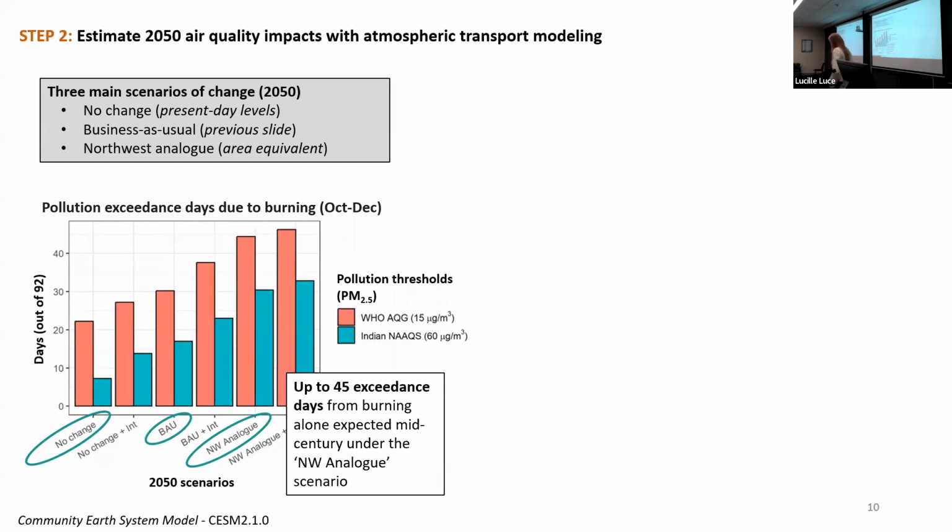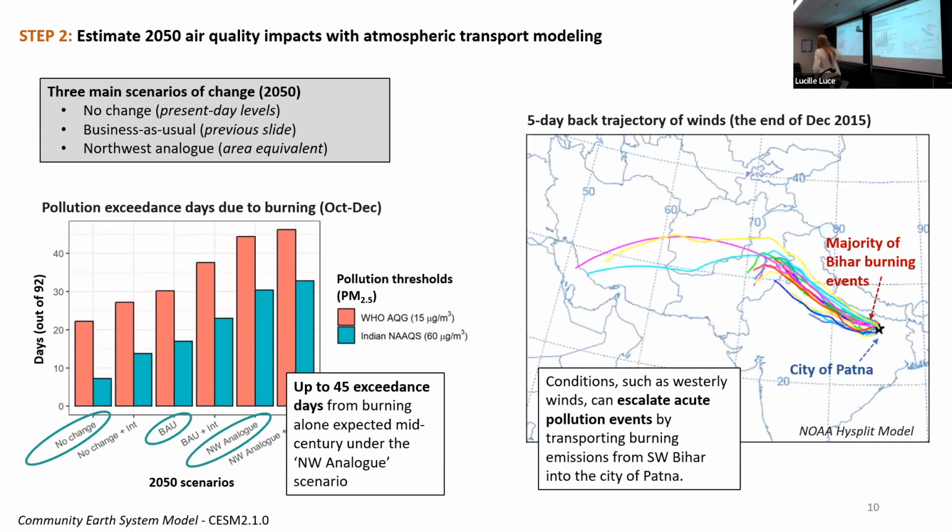Now, we looked at a couple other things as well, and I'll just give you a little glimpse of some of them. I think this model has a really cool output with the lines there. This is a 5-day back trajectory of winds. We know the winds are going to carry these pollutants, making acute air pollution events more prevalent.